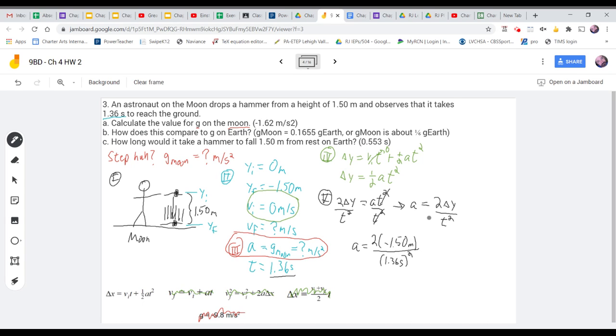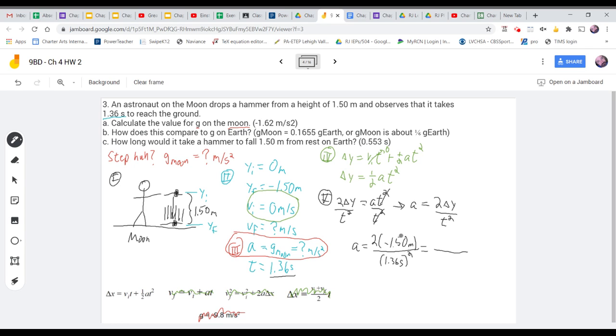Now if you get good with the calculator, you will be able to do this all in one shot. But let me actually take a little step here and show you this in 2 steps. If you're struggling with getting the order of operations you want into the calculator, there's no harm in slowing it down and doing it a little bit more deliberately.